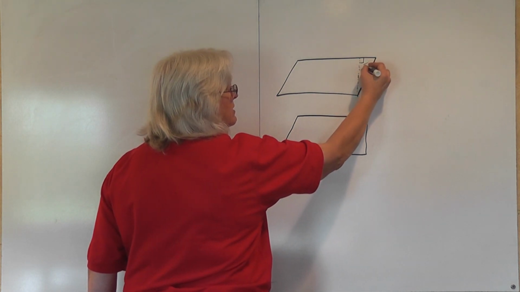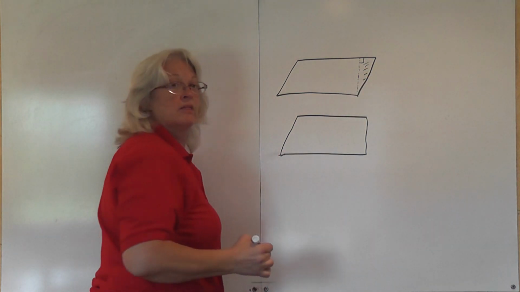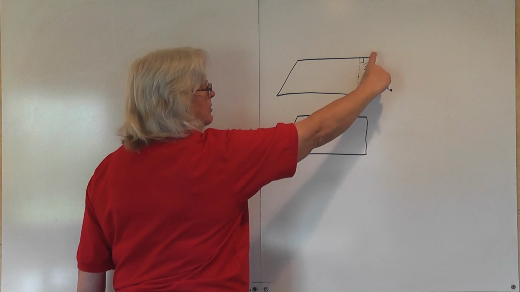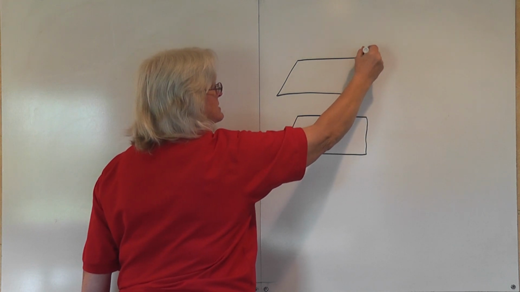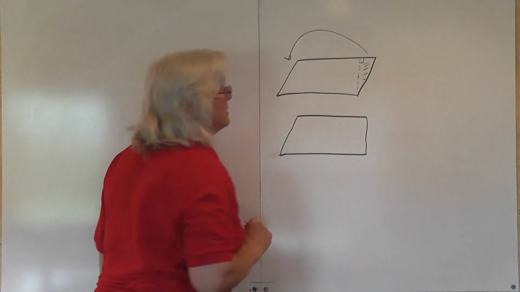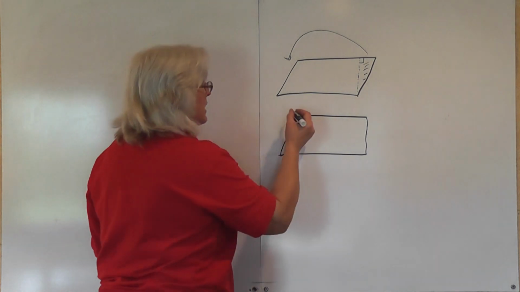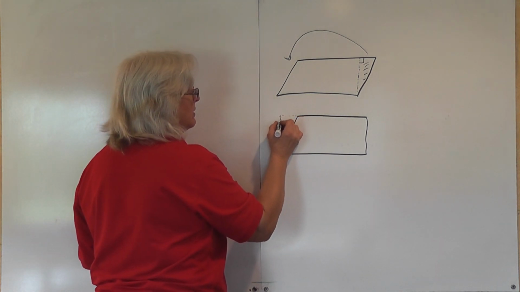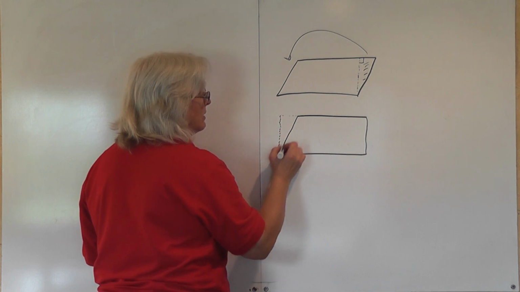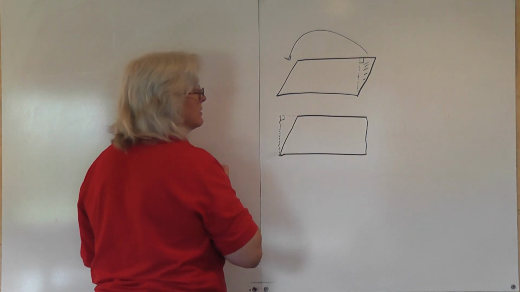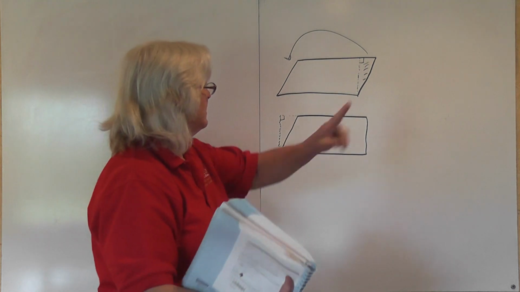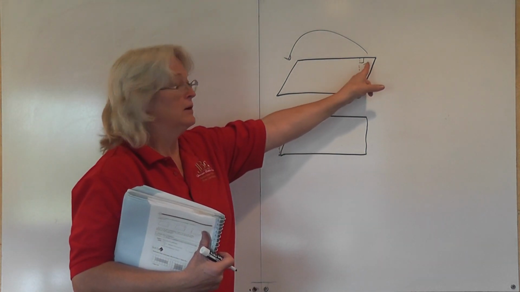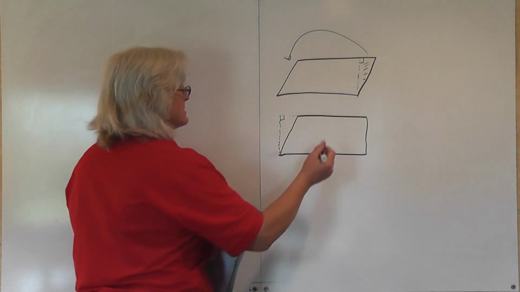Because we've cut that piece of the triangle off, we have 2 square corners here. We're going to pick this piece up and glue it on at the other side. There's our little square corner right here. So we've physically picked up this piece of the parallelogram that we cut off. It's the same.